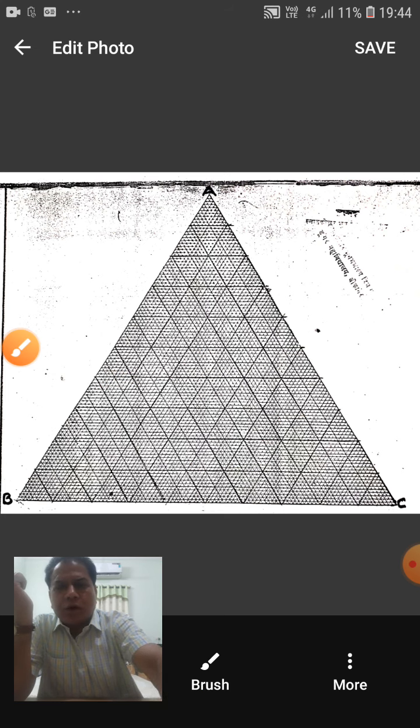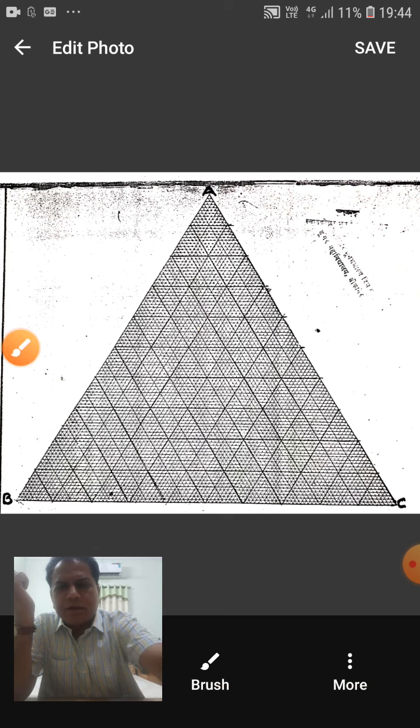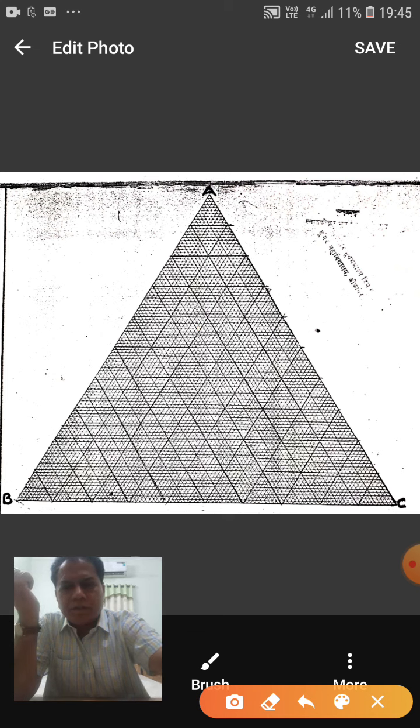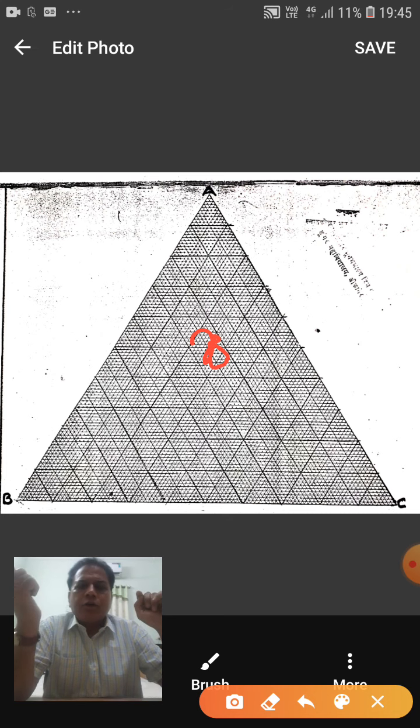So I just mark it. This is the point. The point is somewhere here. So this will represent your A50, B25, C25.